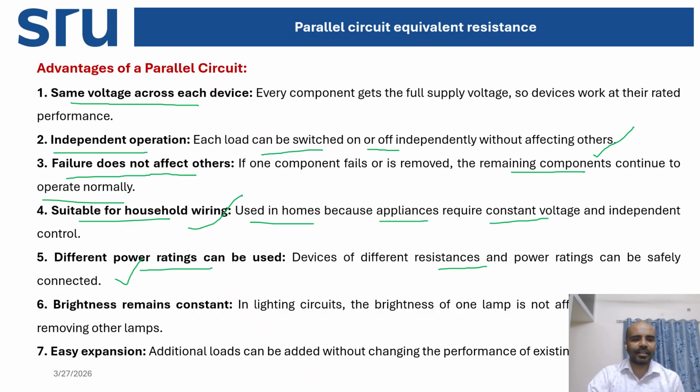Brightness here remains constant. If you connect 3 or 4 bulbs in parallel combination, then the voltage drop across each bulb will be the same, so the brightness will be the same. There is no change in brightness, and additional load can be added without changing the performance of existing circuit elements, because the voltage across each circuit element is constant. So these are the advantages of parallel circuits.